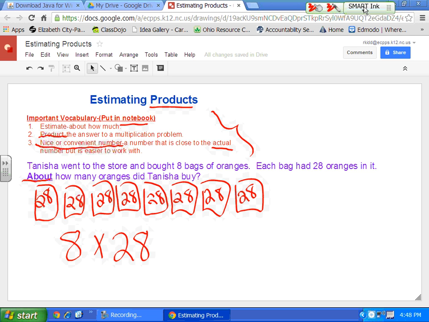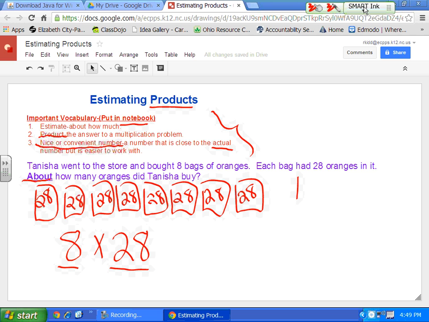Now, in this case, and this is the number one mistake students make, they want to go ahead and find the exact amount and then round that number. That is the incorrect way. The correct way is to find nice and convenient numbers that we are working with and then do the operation.